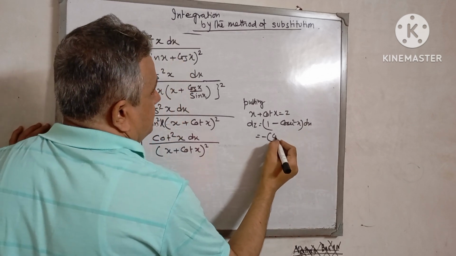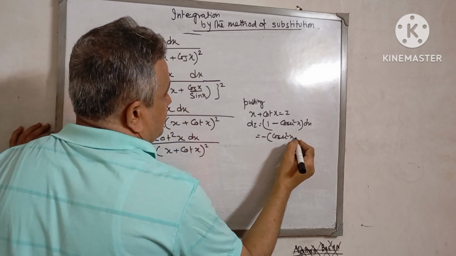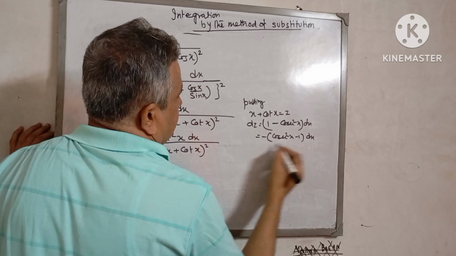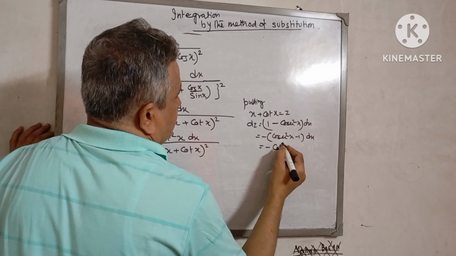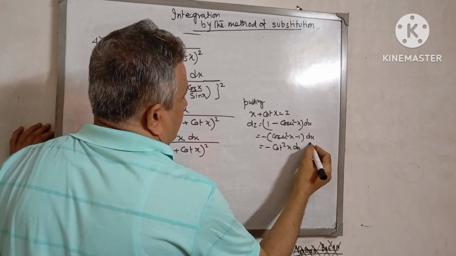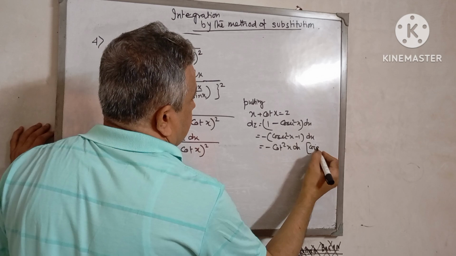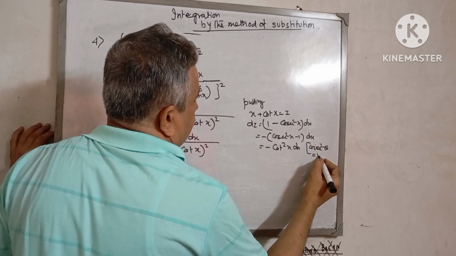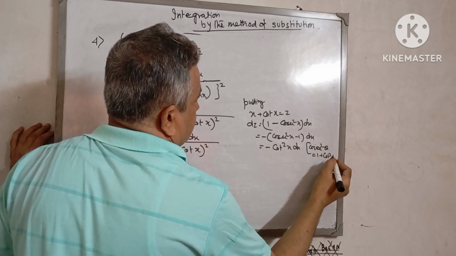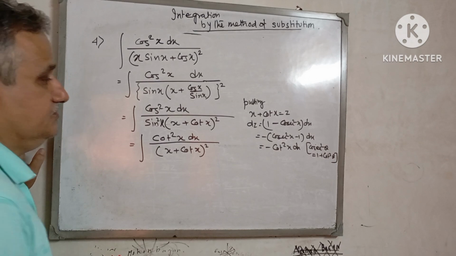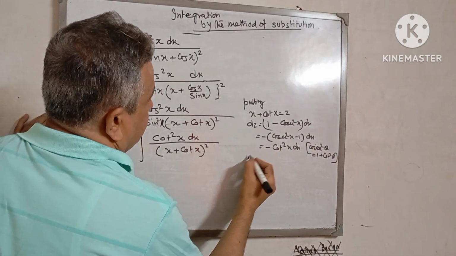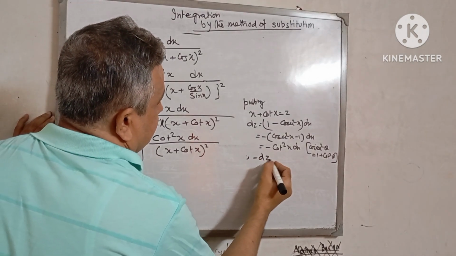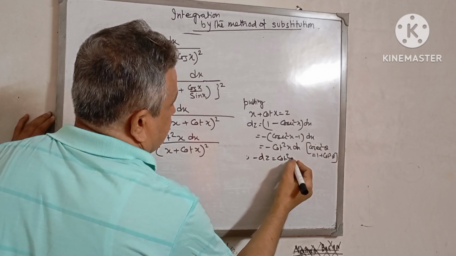Taking minus common, cosec square x minus 1 dx, that is cot square x. Using the trigonometric formula cosec square theta equals 1 plus cot square theta, we get minus dz is cot square x dx.